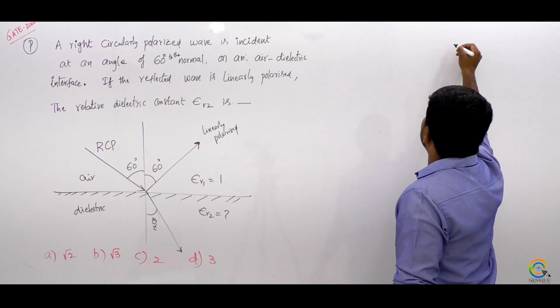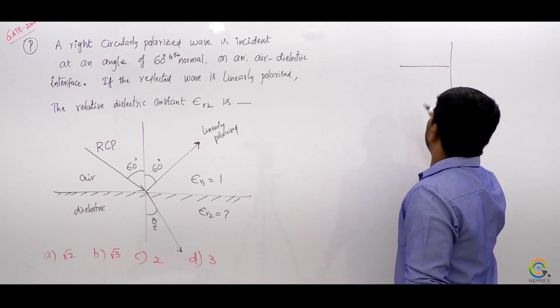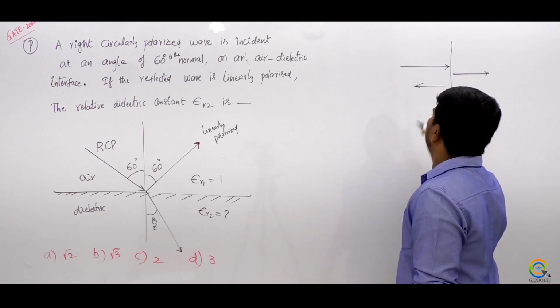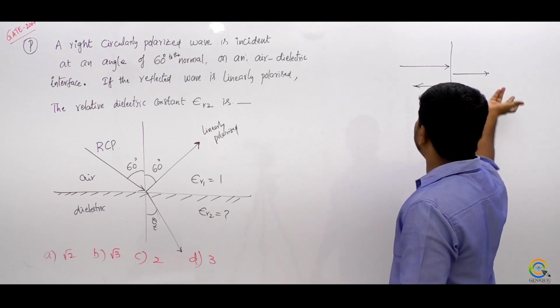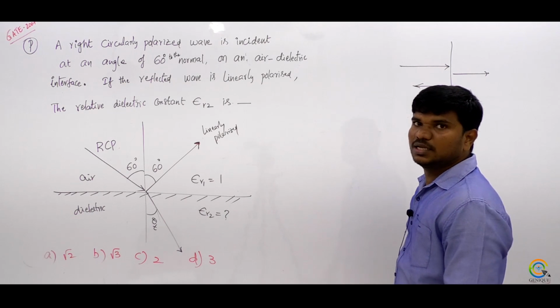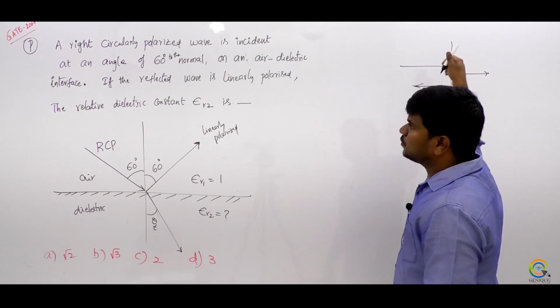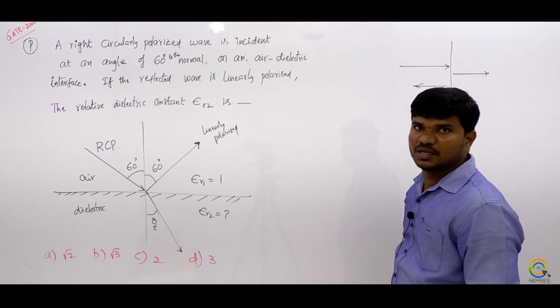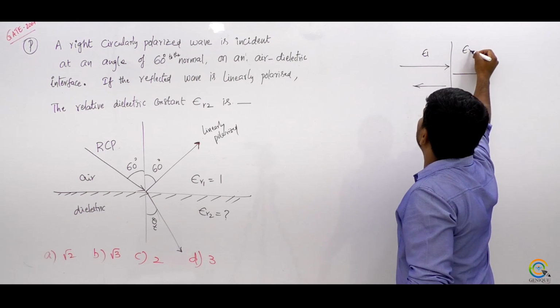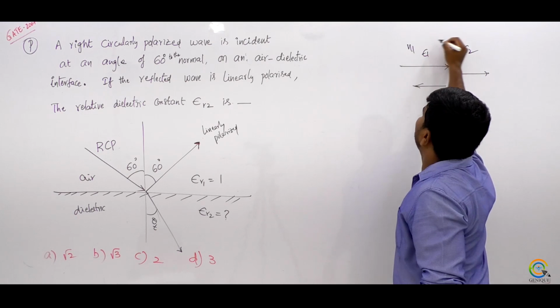Suppose if there is a normal incidence, there will not be any problem. We can find the dielectric constant by using the reflection coefficient, which will also be given there. And you can also find epsilon 1 and epsilon 2, eta 1 and eta 2.